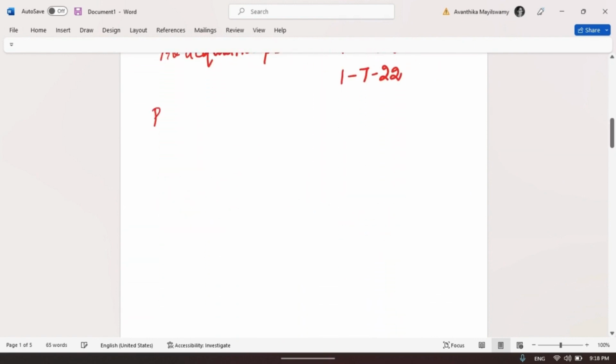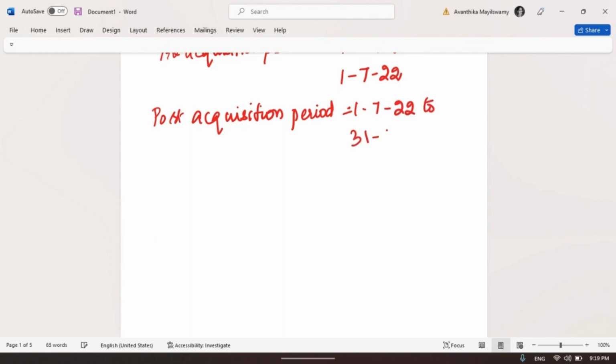The post-acquisition period is from 1/7/2022 to 31st December 2022.